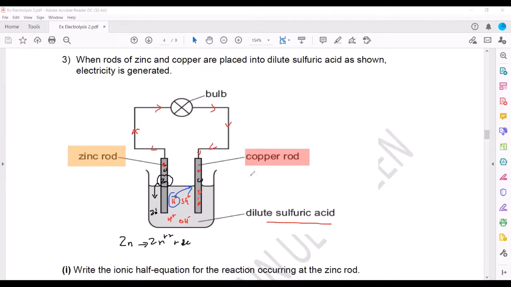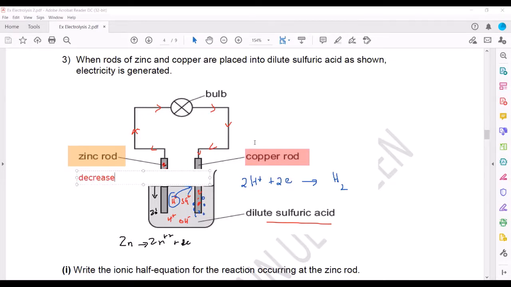So what will be the equation at the copper electrode? Hydrogen ions are attracted and turn into hydrogen atoms. But because hydrogen is a non-metal, when two hydrogen ions are there, they will take 2 electrons and form hydrogen gas. So due to the formation of hydrogen gas, we will see bubbles here, and the size of the zinc electrode will decrease.